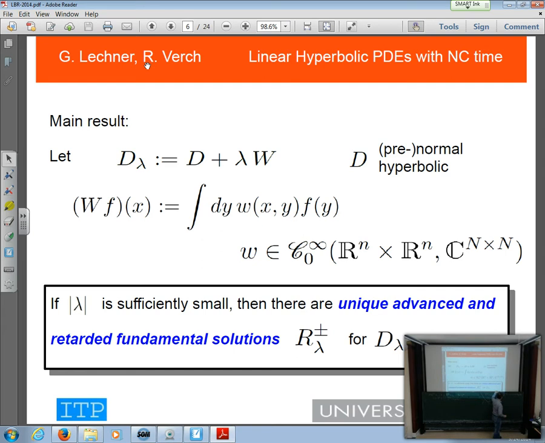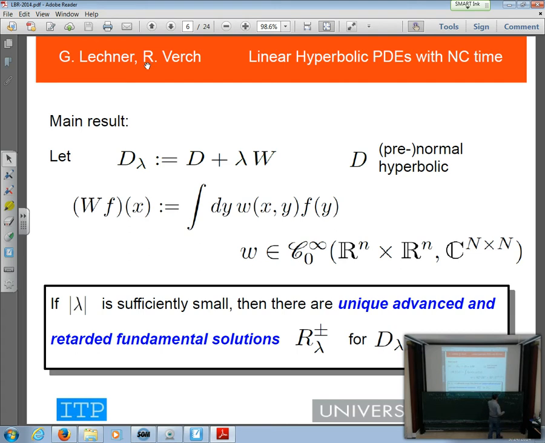So D is pre-normal hyperbolic if there is another operator, D prime, let's call it, so that D prime D and D prime D are normally hyperbolic, and both are first order.